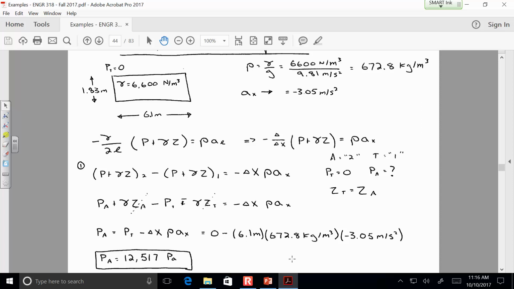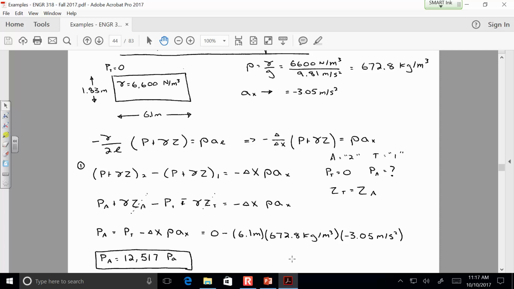So you'll notice that when we start doing the substitutions here, I rearranged to isolate PA. And so it's the pressure at T minus the changes in pressure that are due to some distance, an acceleration, and a density. And so in a way, if you think about it, this distance, density, and acceleration, that's very similar to the hydrostatic equation, right?